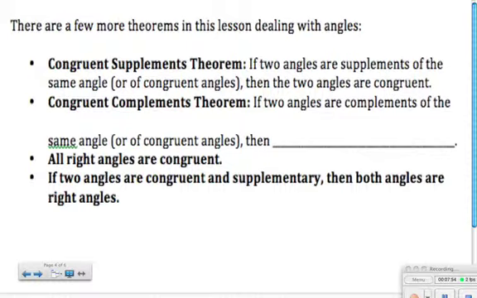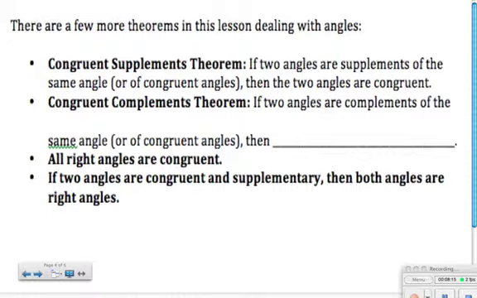We'll end up using that very frequently when we get to chapter 4 and we're proving triangles congruent, which is our big, massive proofs chapter. Now we're just kind of dipping our toes in the water. In chapter 4, that's where it's big time, where we're proving stuff a lot.